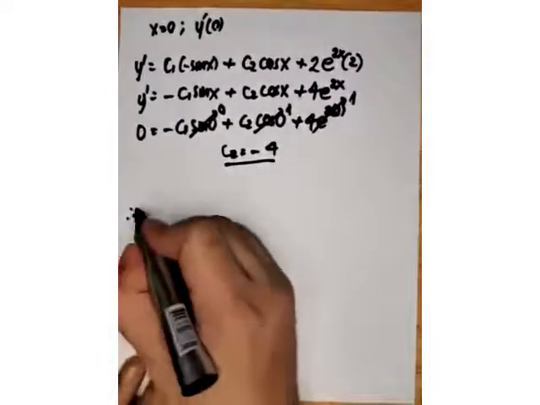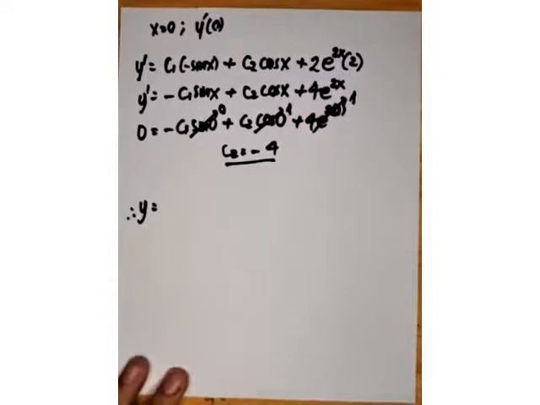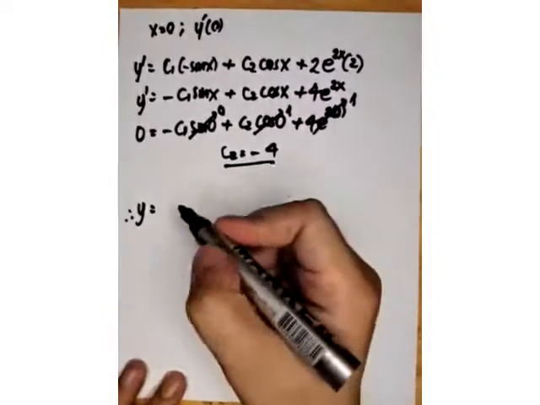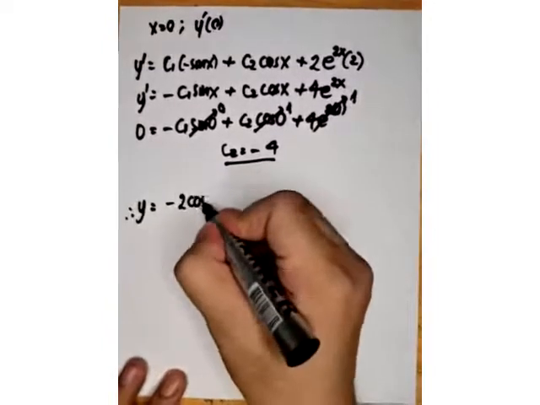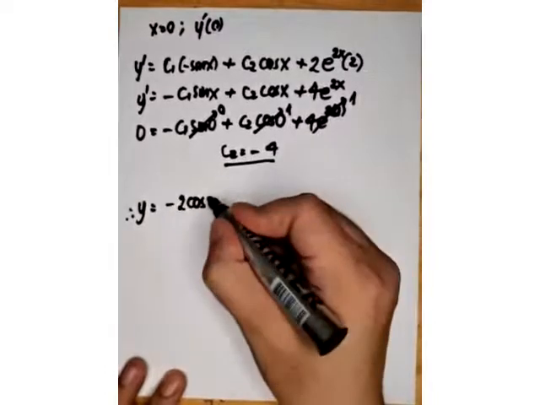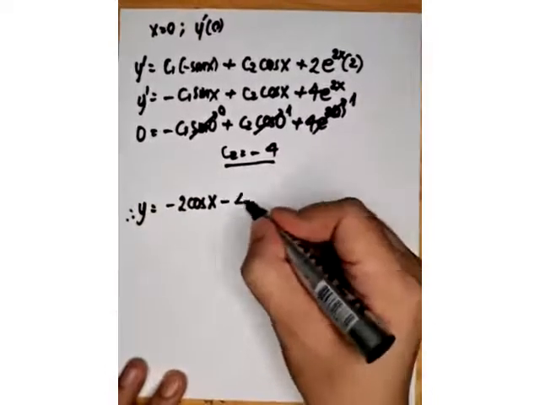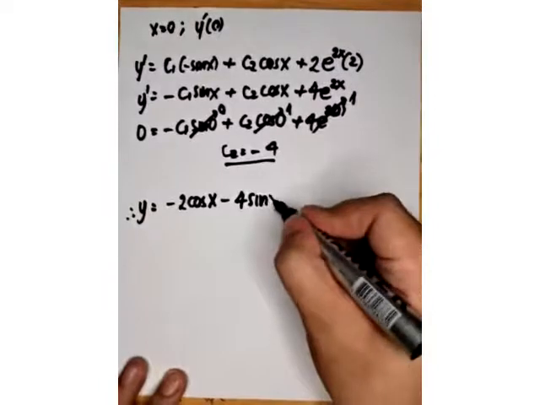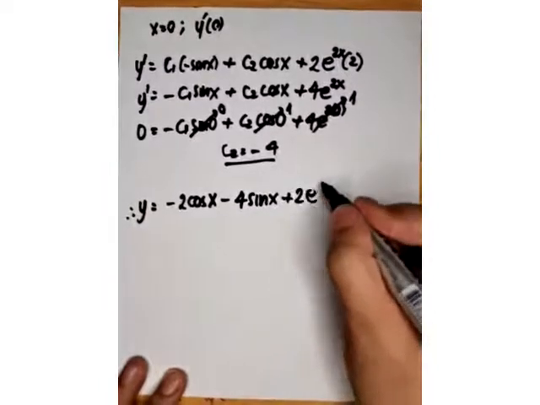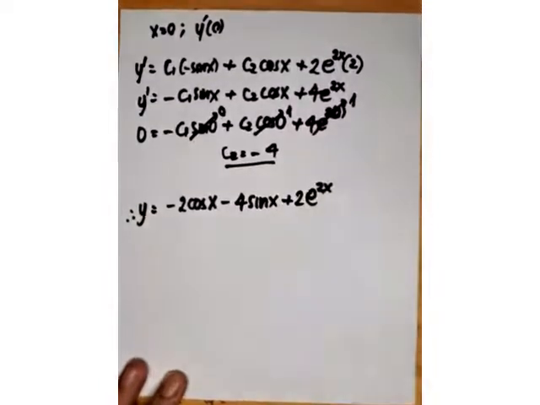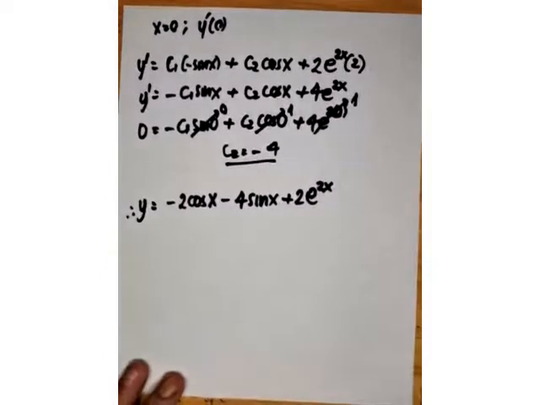So, therefore, particular solution natin ay negative 2 cosine x minus 4 sine x plus 2e raised to 2x. Tama ba ko? Yan.